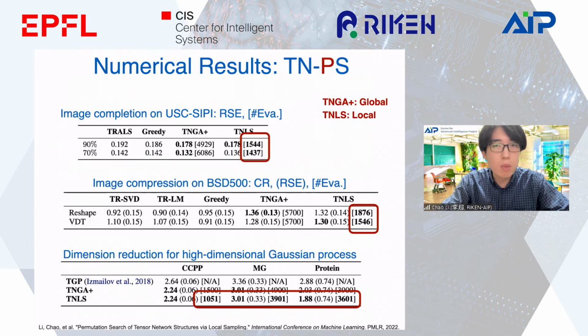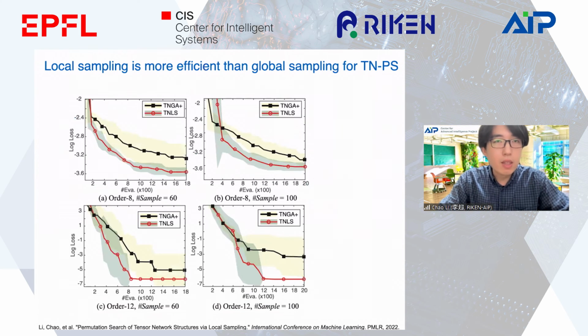We can see from the experimental result that the local sampling requires a significantly smaller number of evaluations to achieve a similar performance as the global one. To verify this point, we also check how the loss function decreased for the two algorithms with different numbers of evaluations.